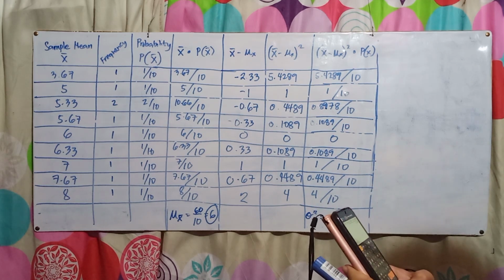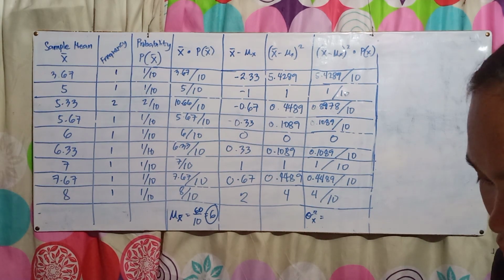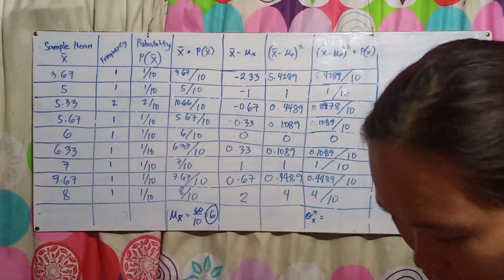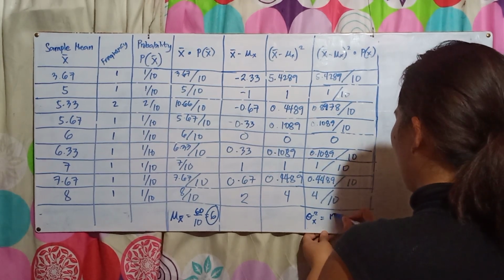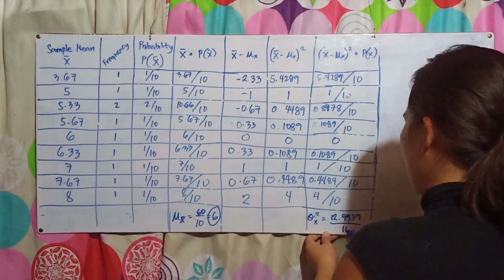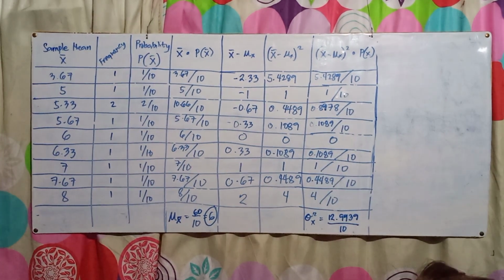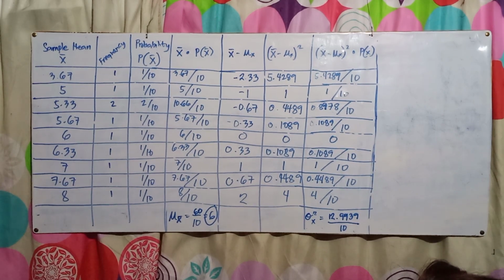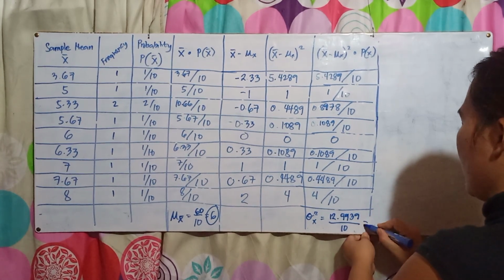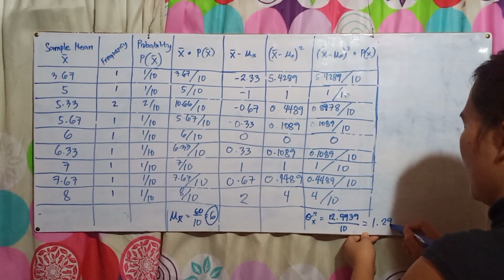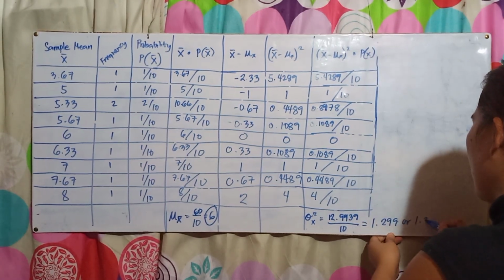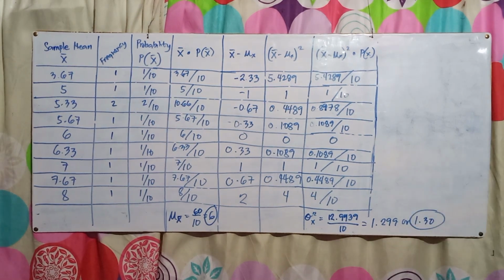The result is 12.9934. 12.9934 divided by 10 is 1.29, or about 1.30, which is our variance.